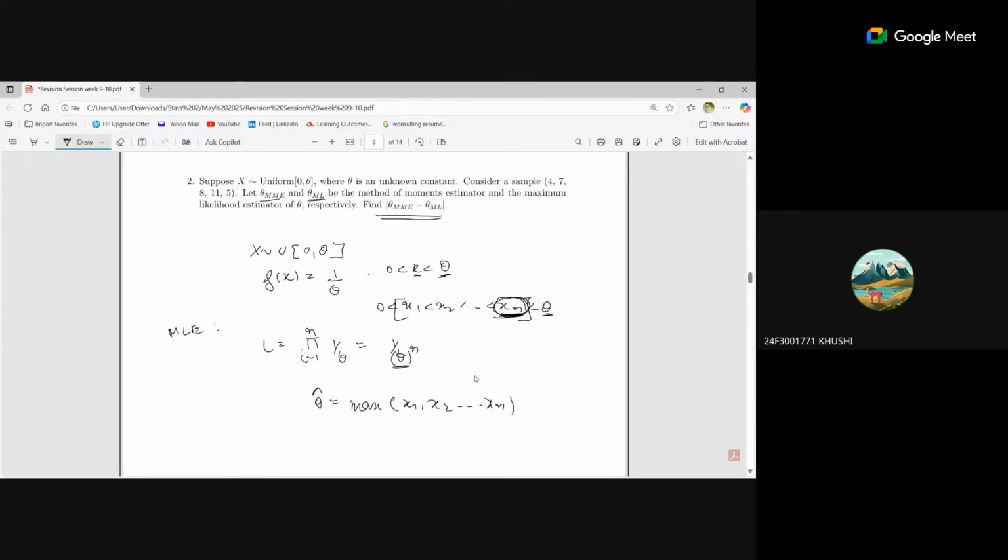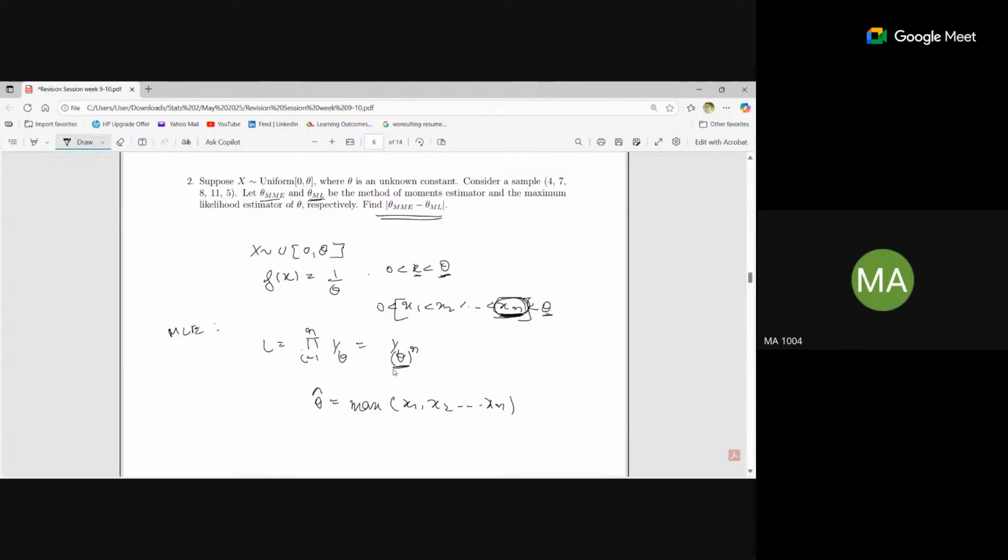Ma'am, I have not understood. Okay, which part? See, 1 by theta to the power n is equal to 0, then after that what to do? If you take the log and everything, you will see minus log of something equal to 0, so that is e itself. Now what to do?